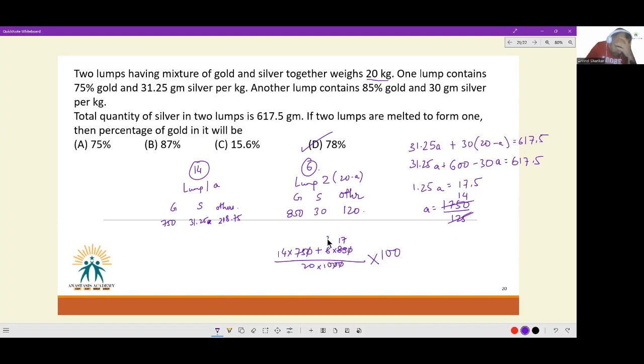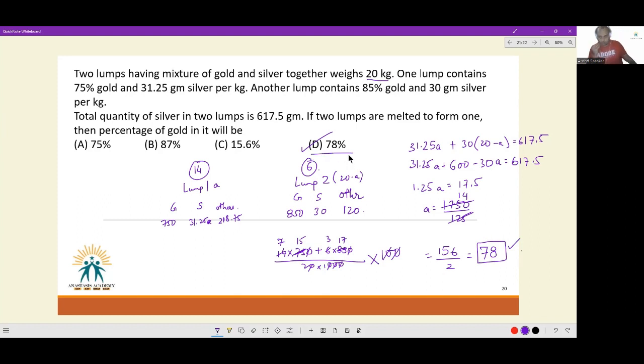Divide this by 2, gets this to 3. Divide this by 5, get to 15. Divide this by 2, get to 7. So 7 into 15 is 105. 105 plus 51, so I get 156 by 2, or finally 78. The answer to the question turns out to be 78 as is given here.